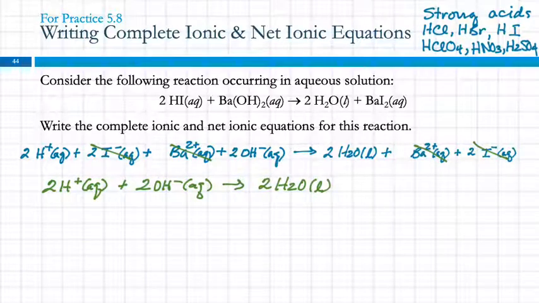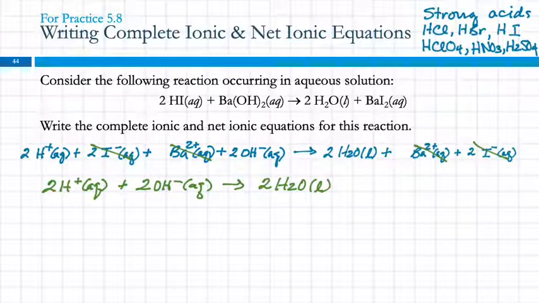A balanced chemical equation really should have the lowest coefficients because there should be one best answer. Because I could write this 200 H plus 200 OH- makes 200 H2Os. But then I literally have an infinite number of equations I could write. And we like to have one correct answer. So we're going to go with the lowest ratio.